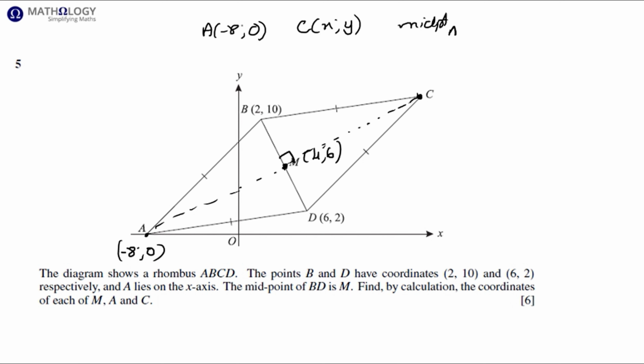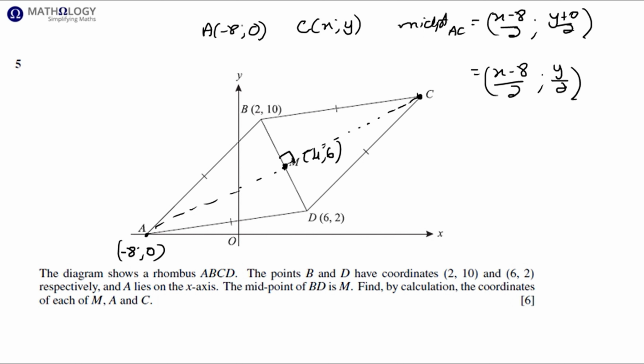Therefore, the midpoint of AC will be (x minus 8) over 2 and (y plus 0) over 2, which is the point M. And we know that M is the point (4, 6).